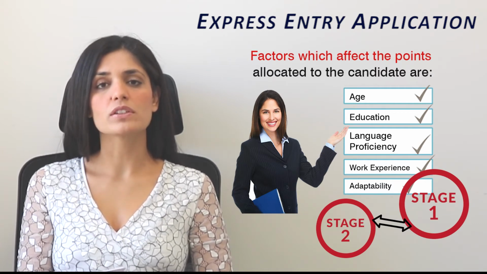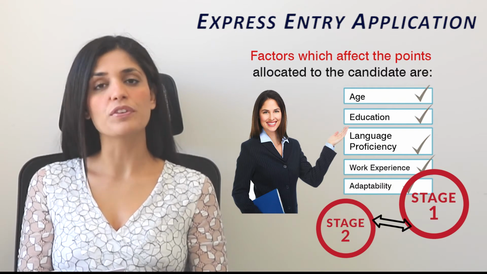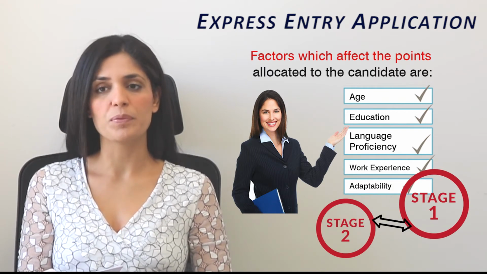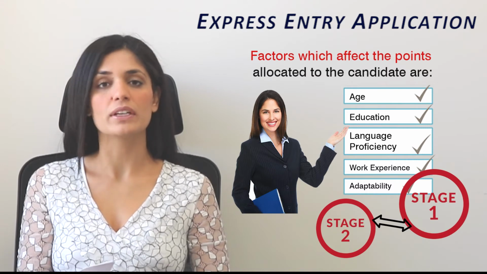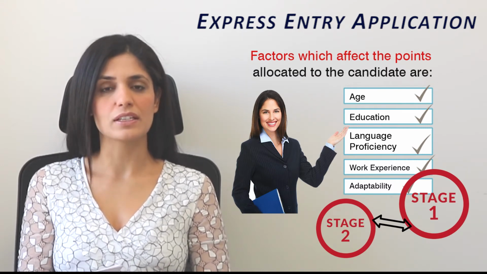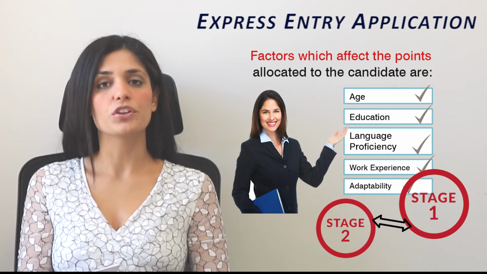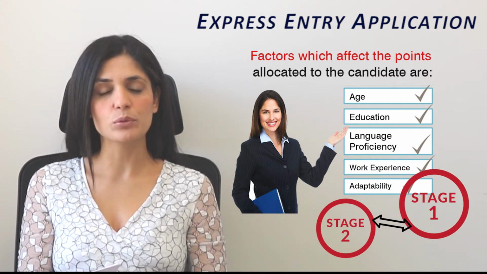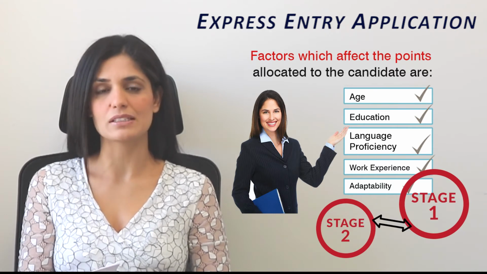Essentially, the officer wants you to prove everything that you put in your profile. So if you're saying that you are 26 years old, then you need a passport data page, a birth certificate, etc. to prove your age. Same with your education, your language abilities, your work experience, etc.